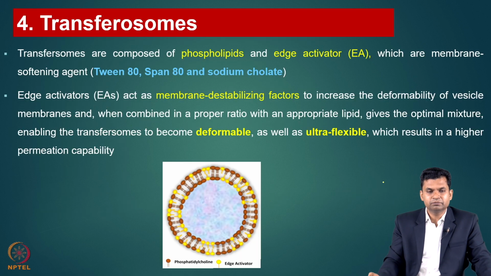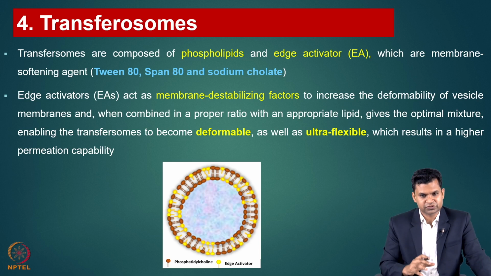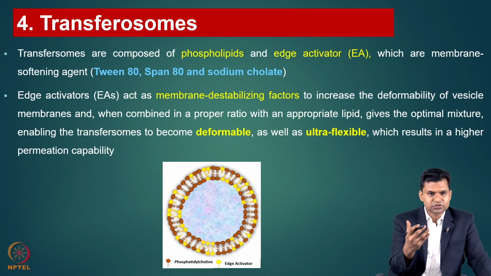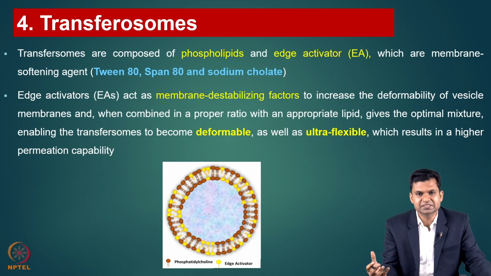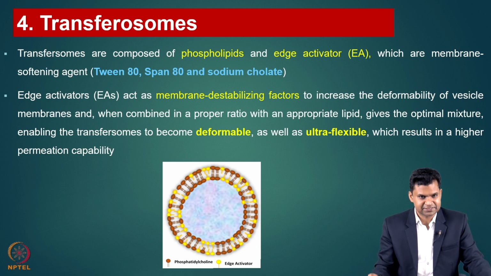So, here we will see the structure of the transferosomes, which are similar to the liposomes, but there are other components which help in the penetration. Transferosomes are composed of phospholipids and edge activators, which are membrane softening agents.